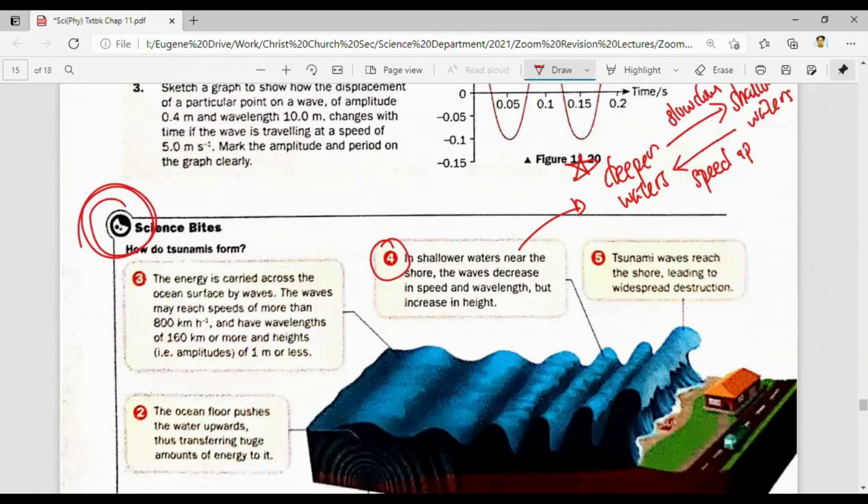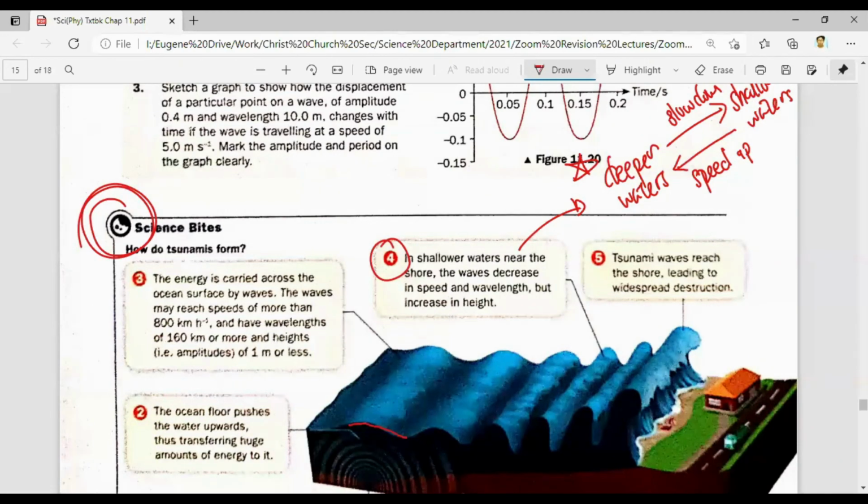And I thought this idea of the tsunami being mentioned here is quite interesting, because what they say here is that when the wave decreases in speed and wavelength, it actually increases in height. So it's not surprising that from afar, when the waves are coming in from the earthquake, initially they don't look so high because they are in deep water still.